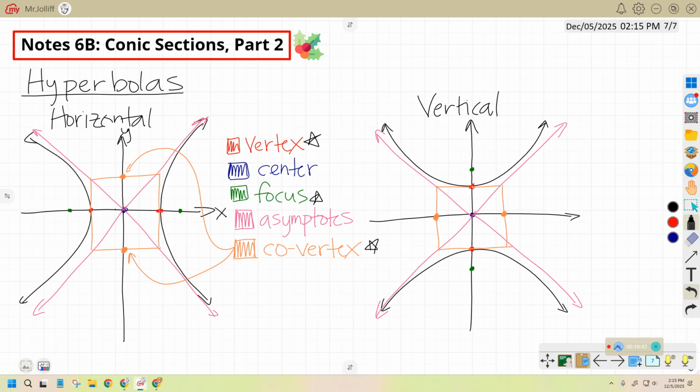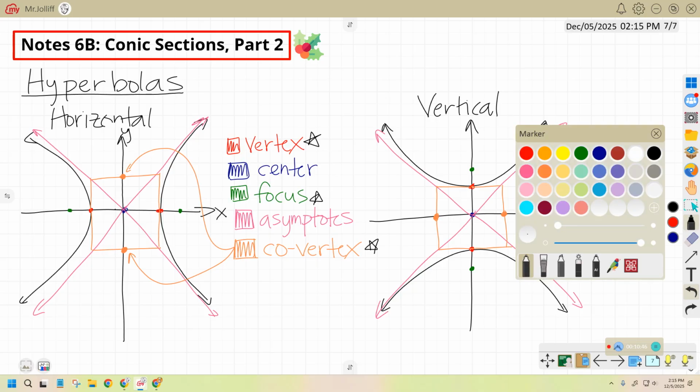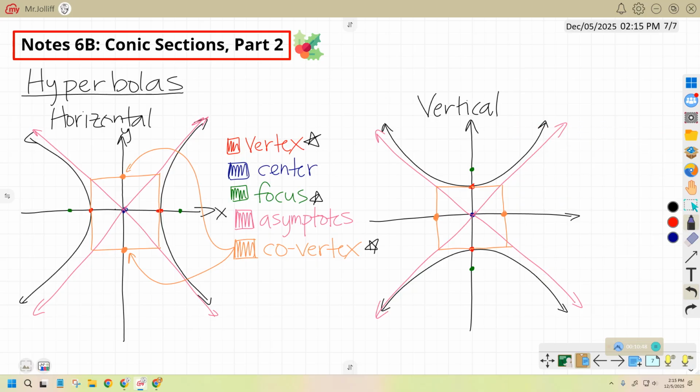We get 3 distances. I'm running out of colors. So the first distance is from the center to the vertex. And we're going to call that A. So A is center to vertex.